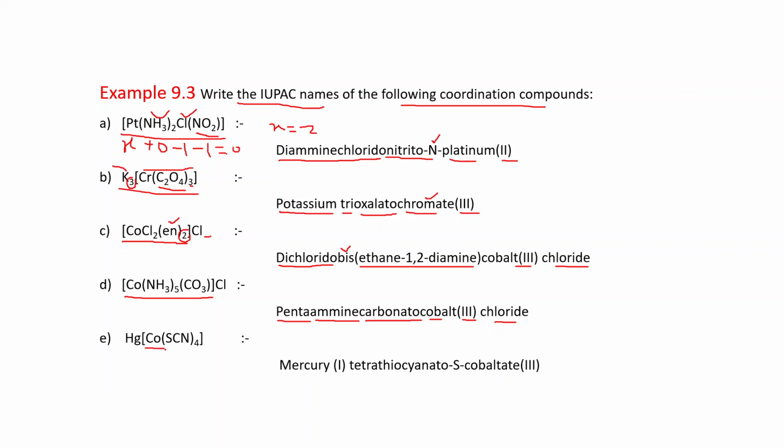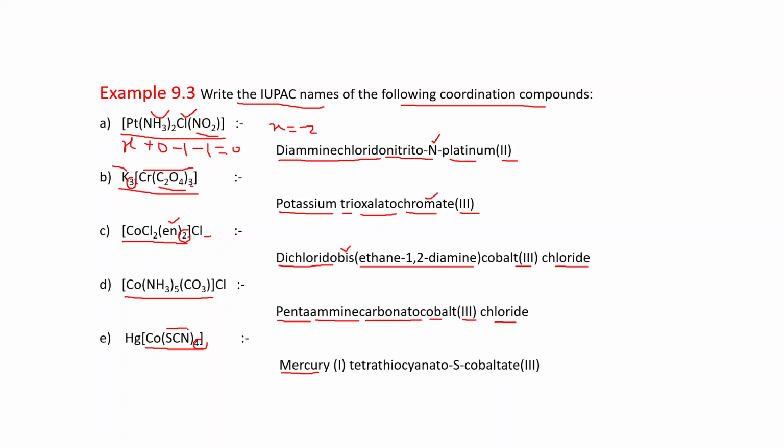Now in this case, this coordination entity is negatively charged. That's why first we have written mercury. The oxidation state of mercury is 1. Generally mercury forms compounds in the first oxidation state. That's why mercury(I) first, and this is tetra, 4, and SCN is thiocyanato.